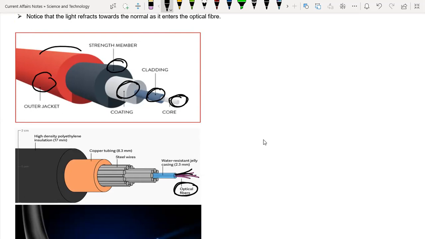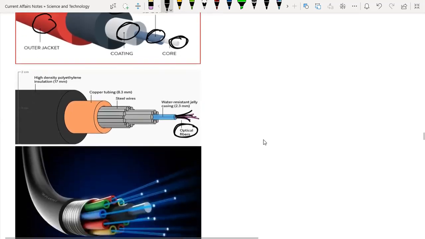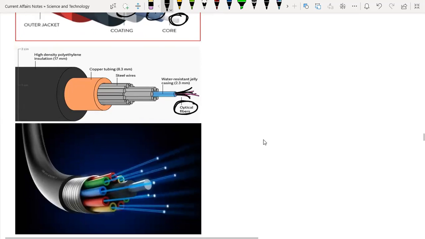This one is your core, this one is your cladding material, and this one is your coating.